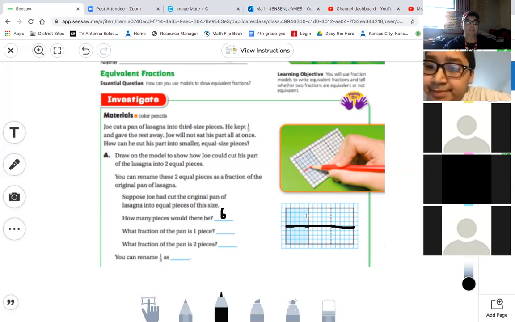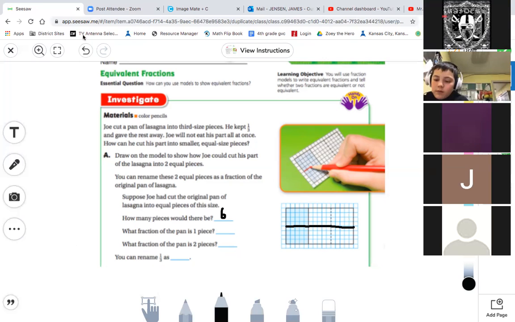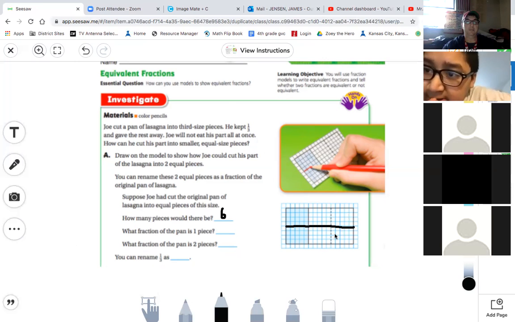Just 1 piece like that. We have 6 pieces here. What would be just 1 piece? What fraction would that be, Lexi? 1/6. Yep. Then, so what fraction would be 2 pieces then? Well, that would be 2/6, right?